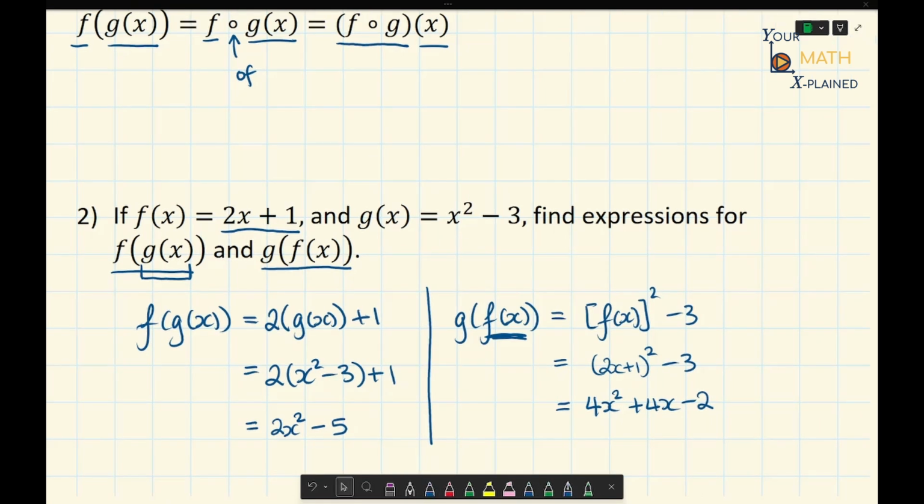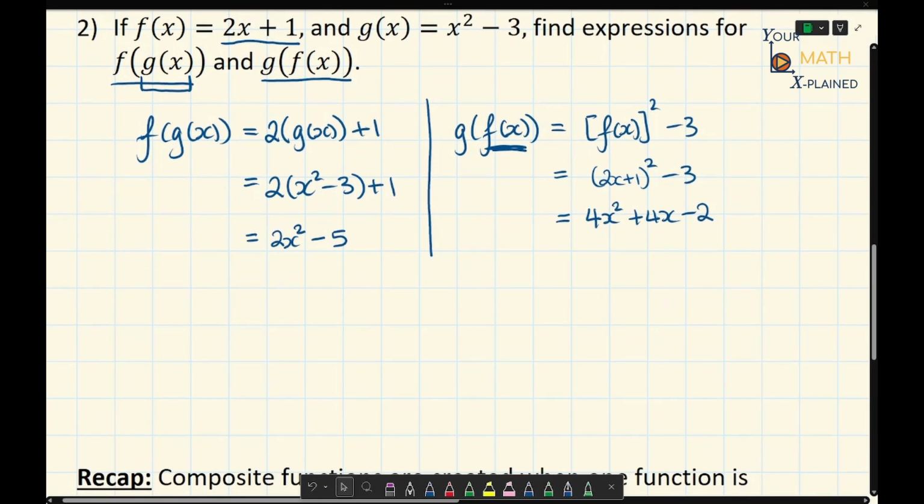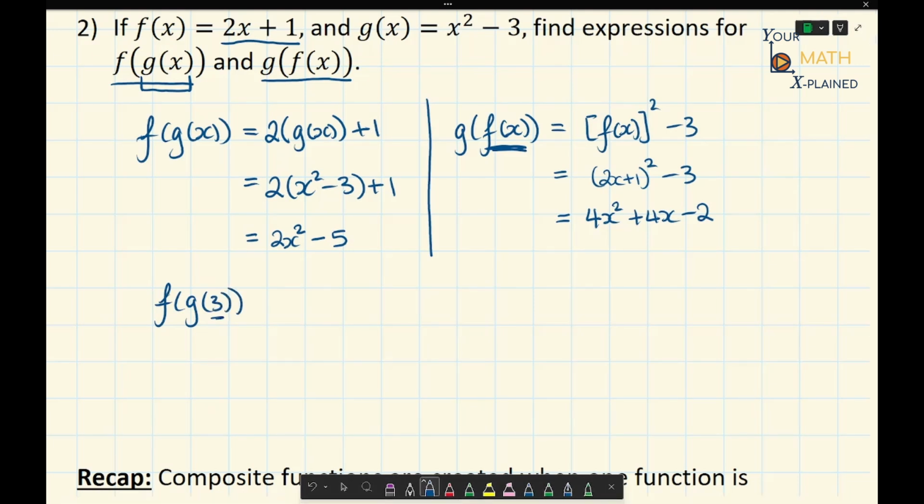Now, suppose we want to find f of g of 3. What this means is we're putting 3 into our function g, figure out what that is, and then take that value and put it into f. But because we already know what f of g of x is, we can actually just input 3 into the x.